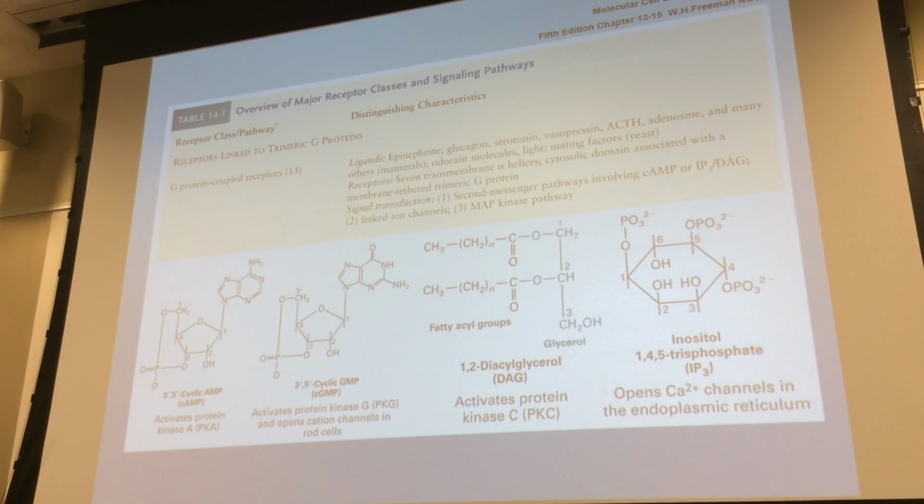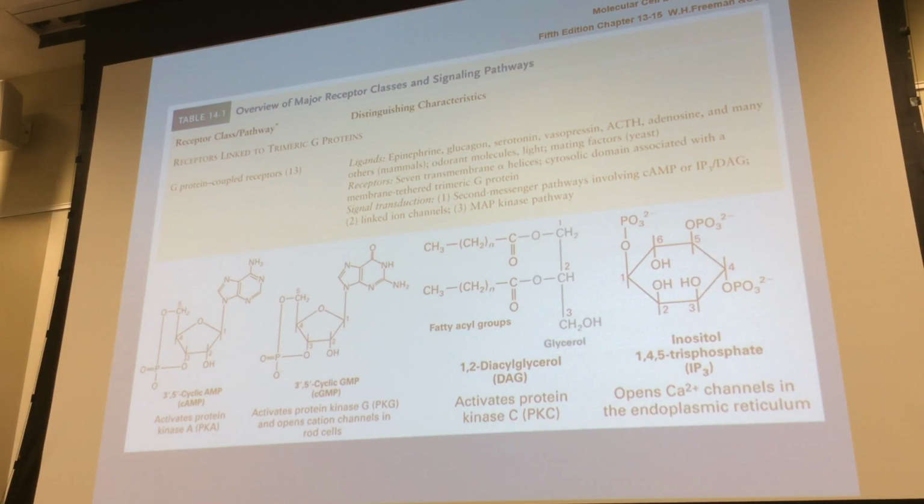So these are the second messengers that are important for signaling from these G protein coupled receptors. We're going to limit ourselves to talking about cyclic AMP today. But you'll see one of the things that they all have in common, including this one finally, is that once they have gotten into the cell, they have a specific kind of kinase that they interact with.